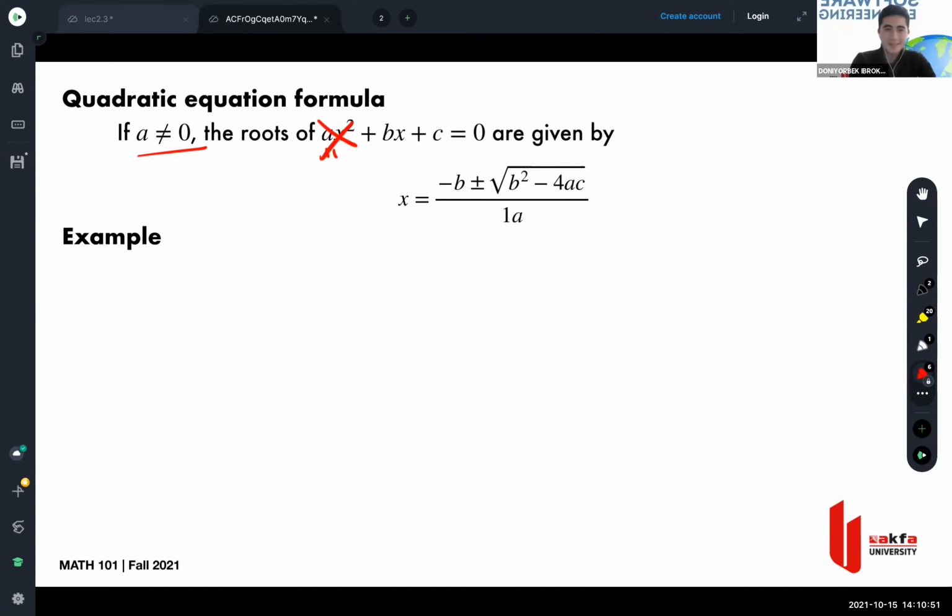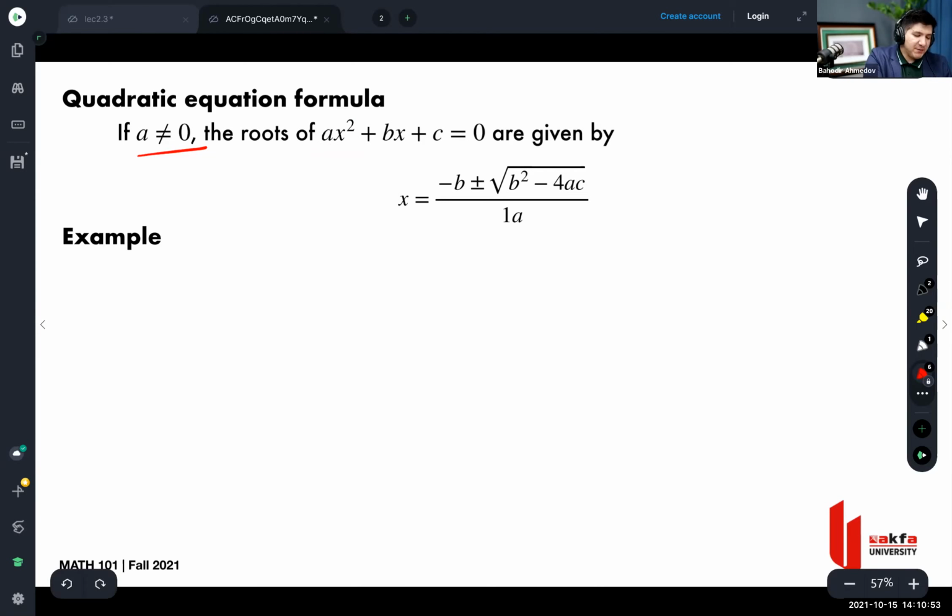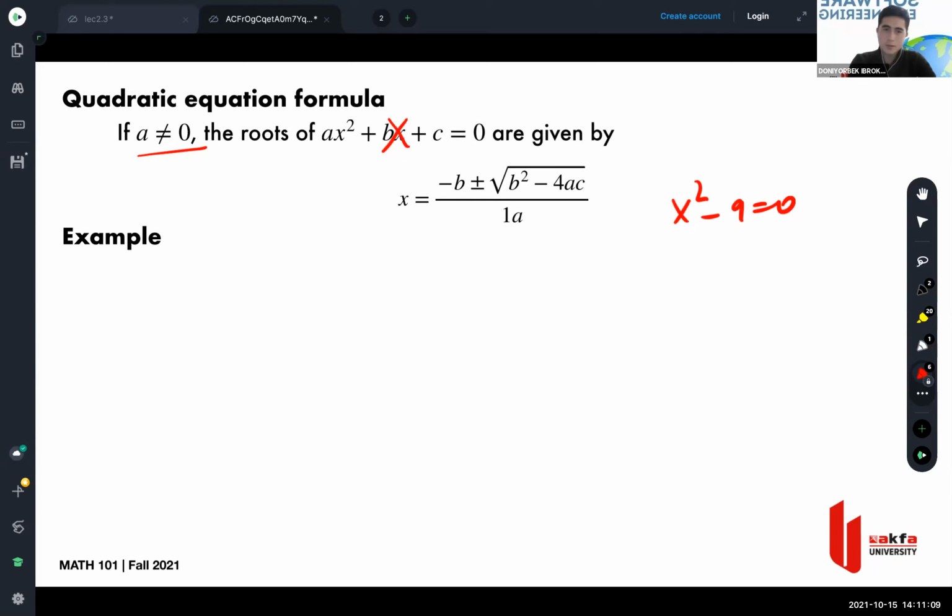Okay, so if I would just not have this term, for example, x squared minus 9 is equal to 0 without the term x, is it still a quadratic equation? I think yes. Are you sure?